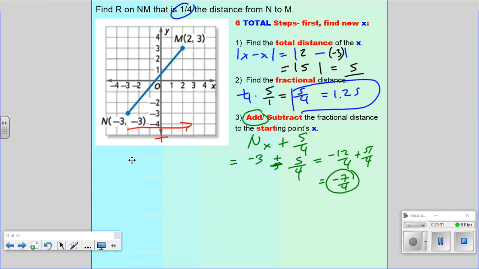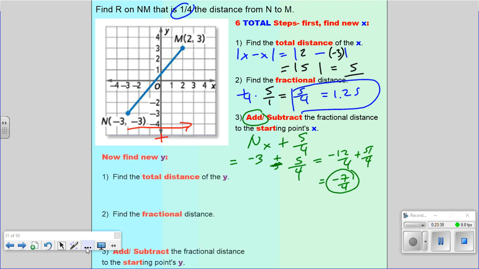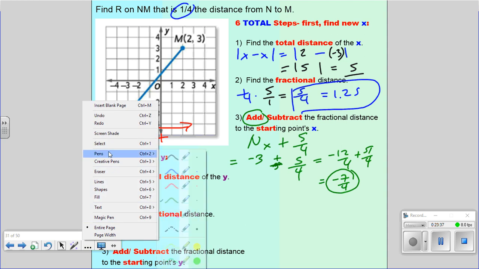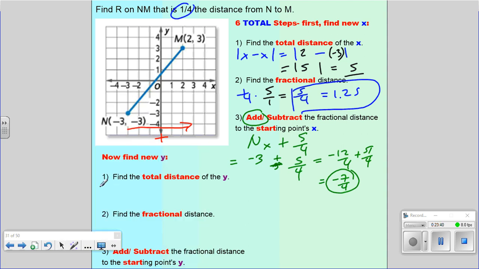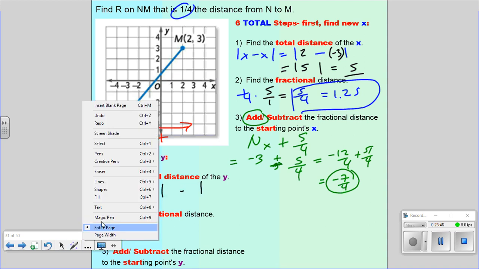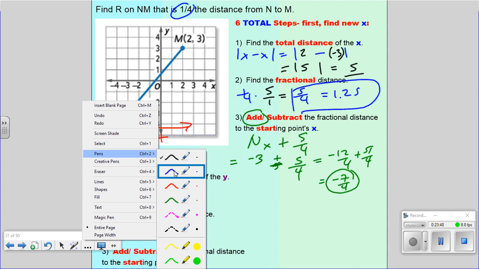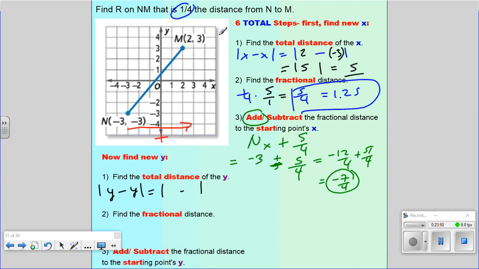Again, we must repeat the 3 steps for y. So let's find the total distance of our y's. Our y on the right is at +3, and our y on the left is at -3. So that's the absolute value of 6, which is 6.